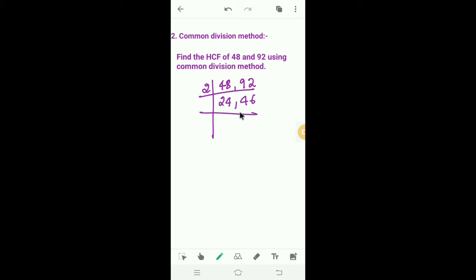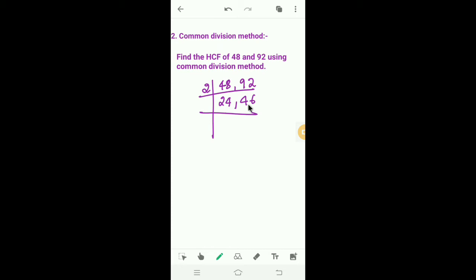Next, divide the quotients obtained in the above step again by a common factor and write the quotient below. Repeat dividing by common factors till the two quotients obtained have no common factor anymore.